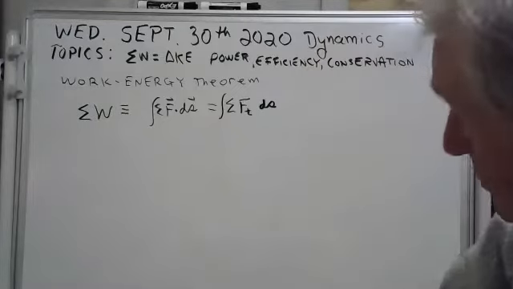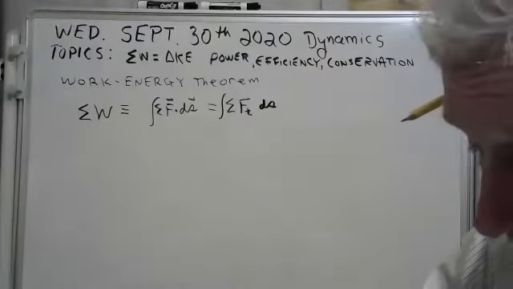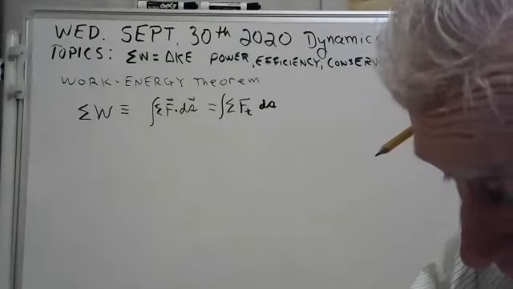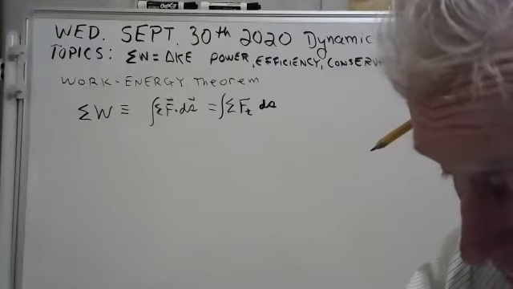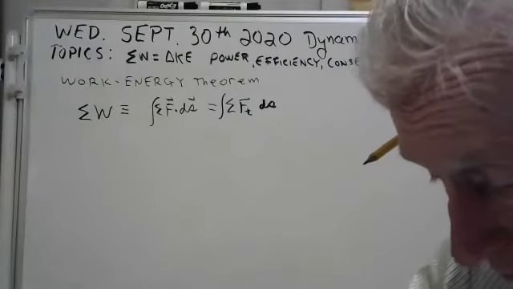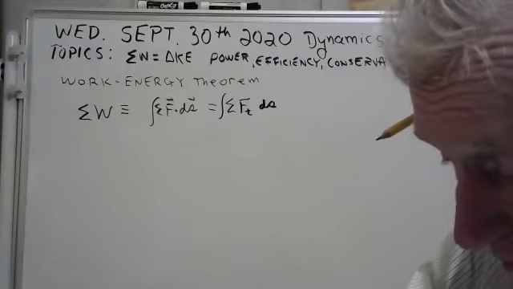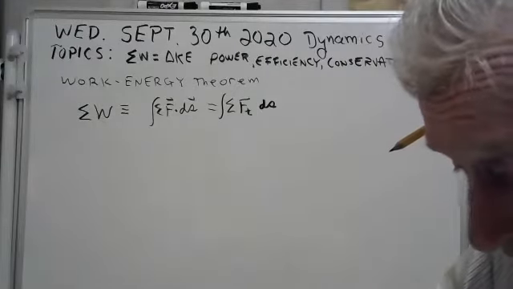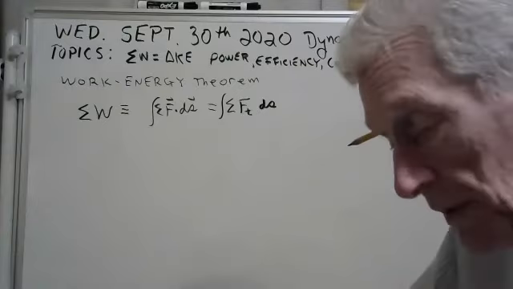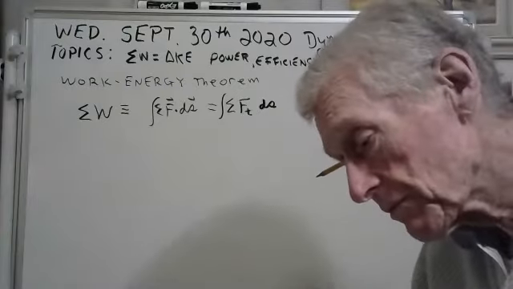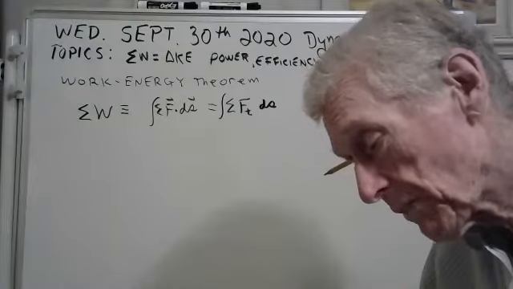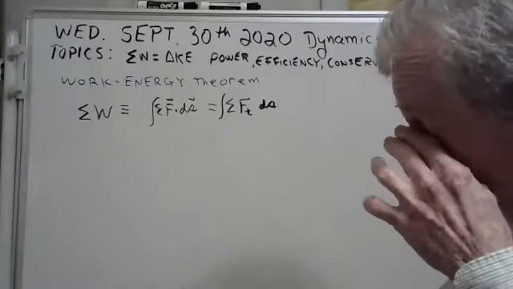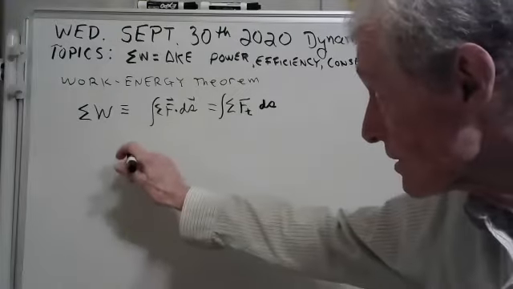All you need is the sum of the tangential components, because the components in the normal direction don't do any work. See, the normal direction is always perpendicular to the path, and you're not doing any work. To do work, you have to have a component along the path. Okay. And we have a little equation that goes like this.